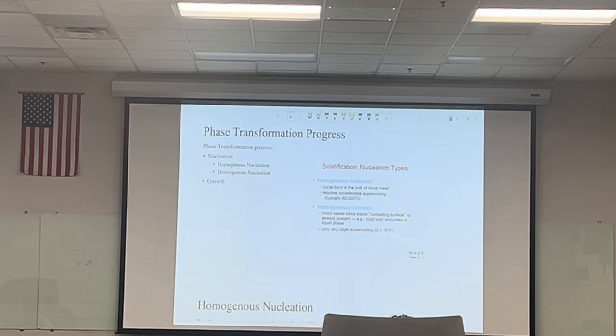So this chapter is about phase transformation, right? So in chapter 9, we learned about phase diagrams and how one phase can transform into other phases. But here we're just going to focus on the phase transformation process itself.